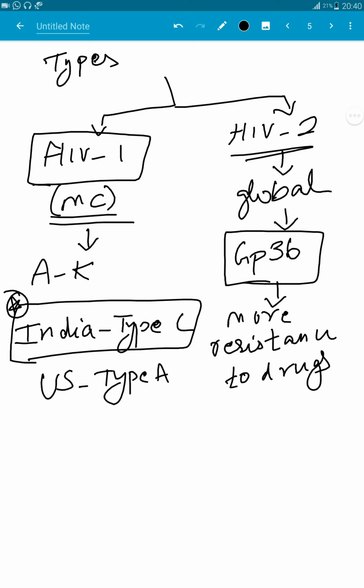Then we can see about the mechanism of HIV. There are two types: direct and indirect mechanism.